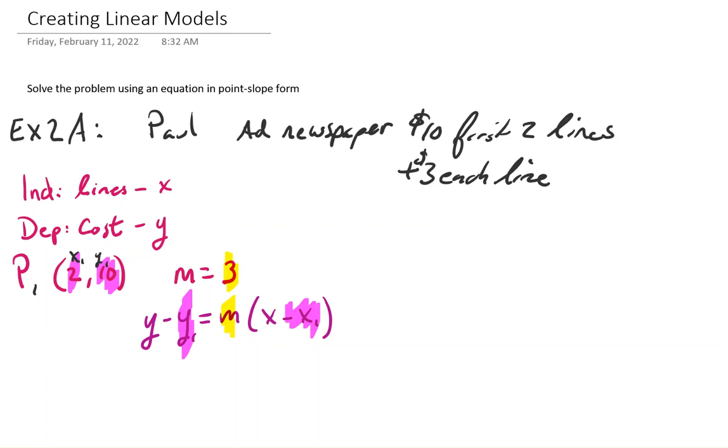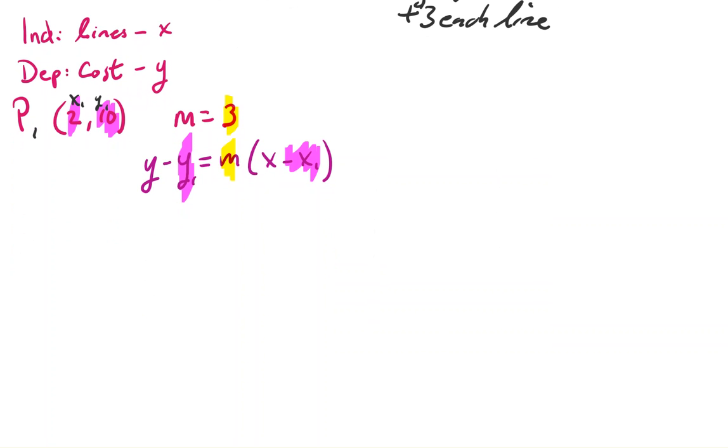There we go. So that's everything we need. So let's do it and see what happens. So we're going to do y minus, well, y1 is 10 equals, the slope is 3, x minus, well, x1 is 2. So we got everything we need.